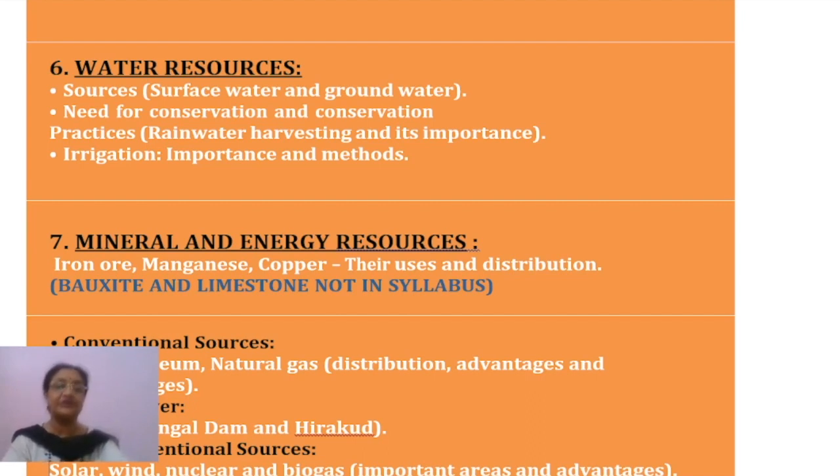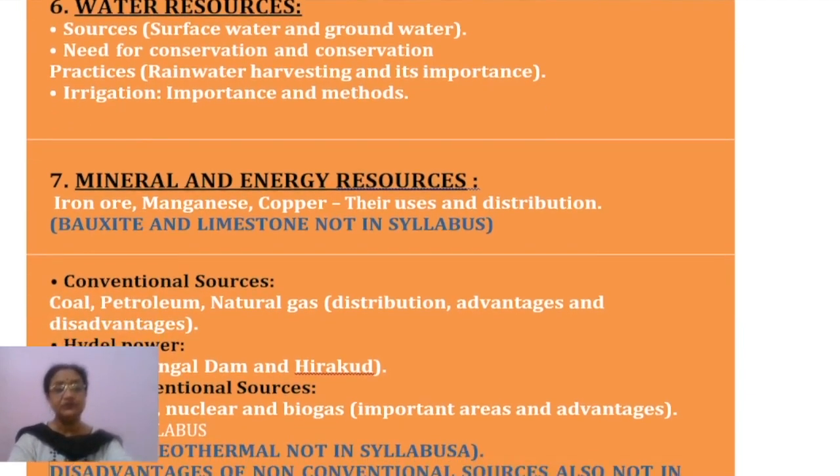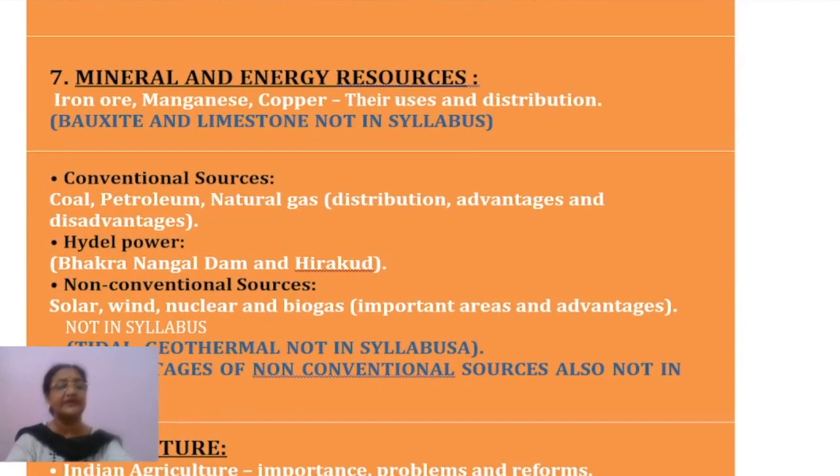Then come to the next, mineral and energy resources. Under this, iron ore, manganese and copper. These are the three minerals we have to cover, their uses and their distribution, right? But only these three; bauxite and limestone are not in the syllabus this time. Now come to the next topic, the conventional sources of energy.